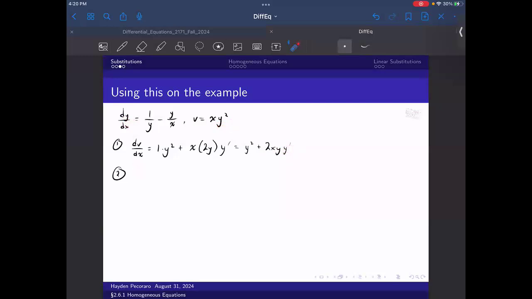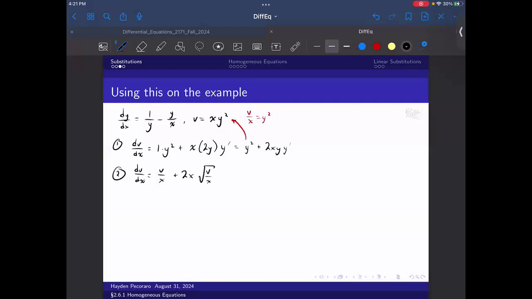So dv/dx equals, all right, y squared. Well, that's v over x from up here. v over x equals y squared. And then plus 2x, and then y, well, that's square root of v over x.